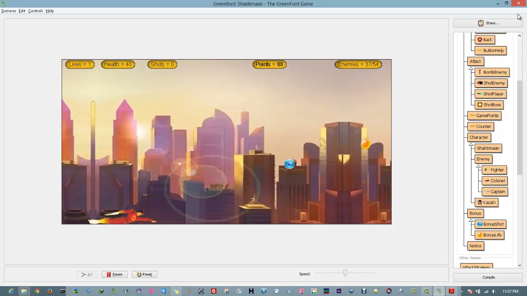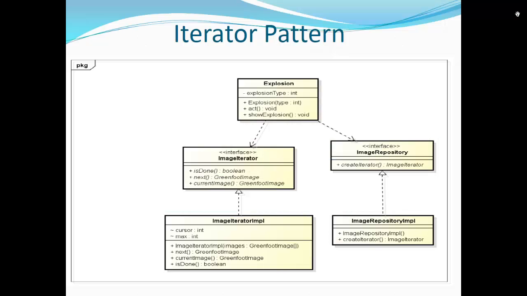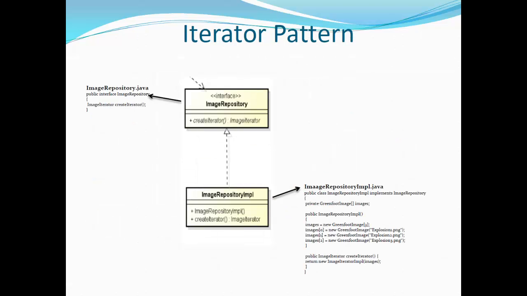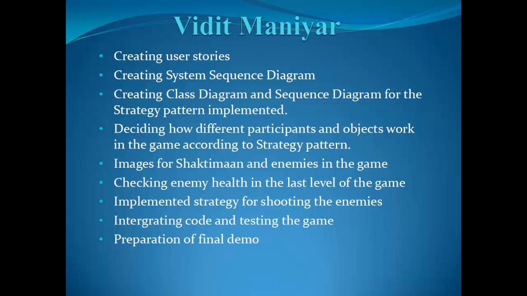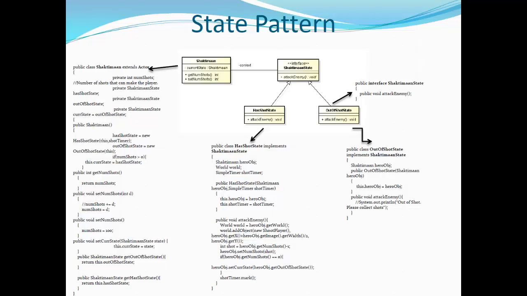Okay, so let's get to the technical details, how it has been implemented. That's the UML diagram for the state pattern. There is the Shaktiman class, and the Shaktiman state interface stores the information via the implemented has shots and out of shots states.